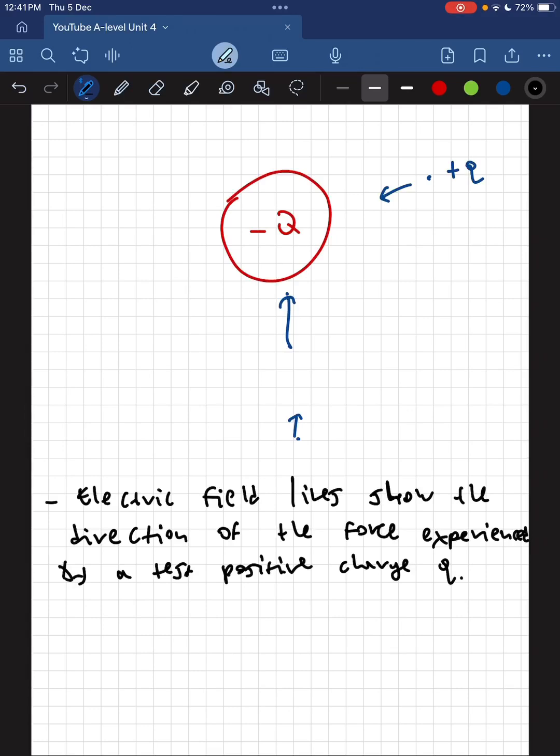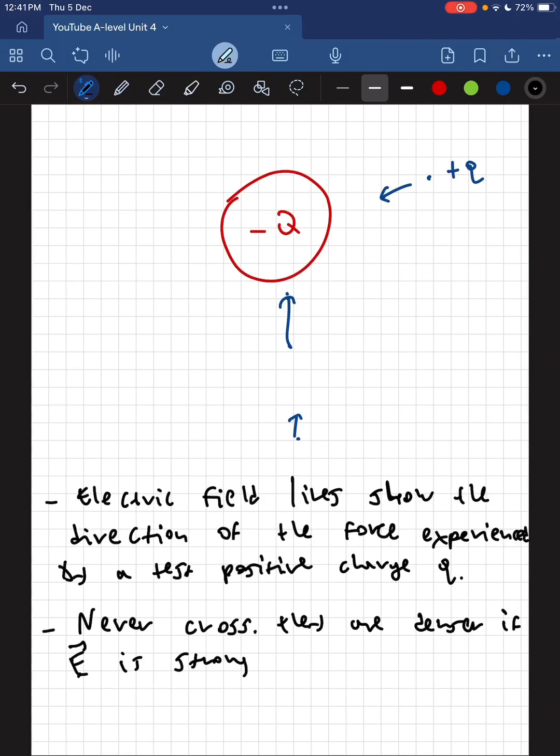So they never cross, they are denser if E is stronger. And why would E be stronger? Because it has a large amount of charge.